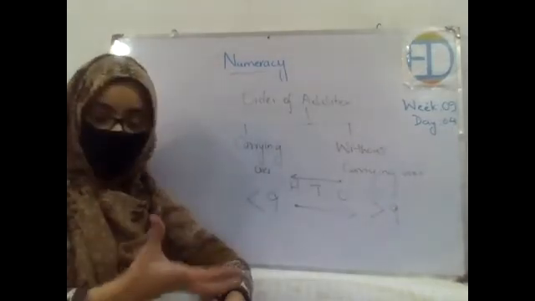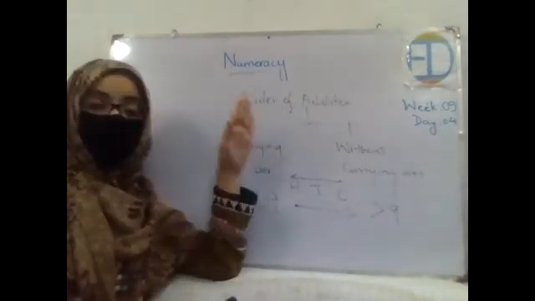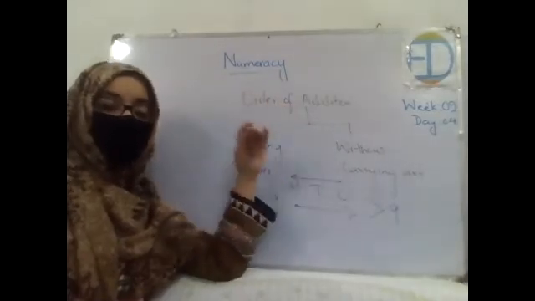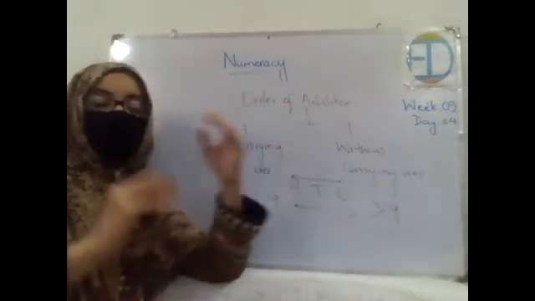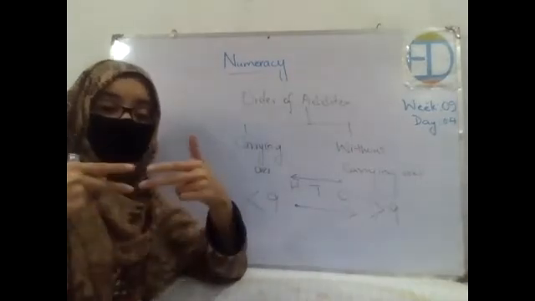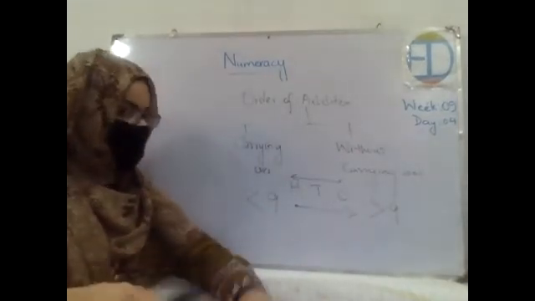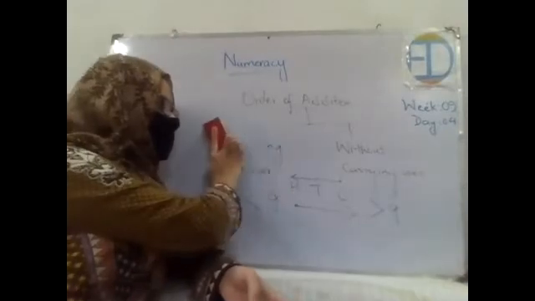But there are questions. The order of addition means that there are questions for which if you solve from this side or this side, the answer is same, the answer is equals to each other. Let me give you the example of that as well.